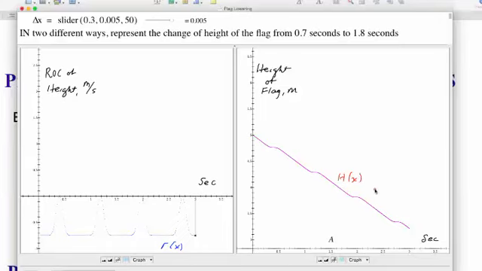An expression using the rate function that will calculate the change in height. And then an expression using the height function. Can you do it?